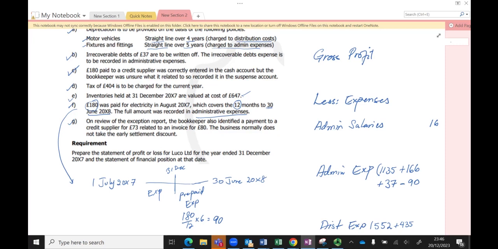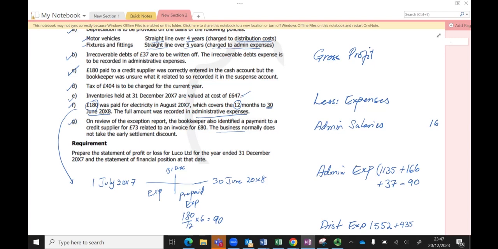So we received an invoice of £80, but we paid £73. Why did we pay £73? The business normally does not take an early discount. So the bookkeeper was not sure what to do with that, because he has not seen discount received in the accounts before, and therefore he was not sure what to do with it.